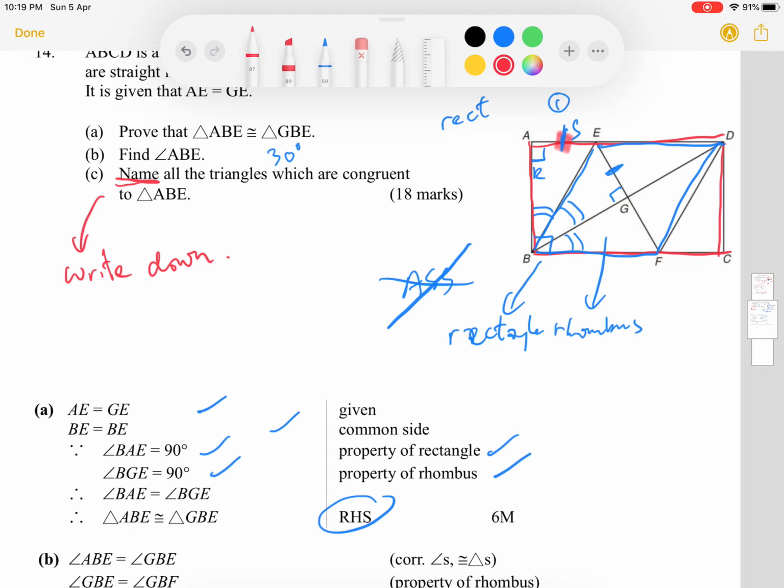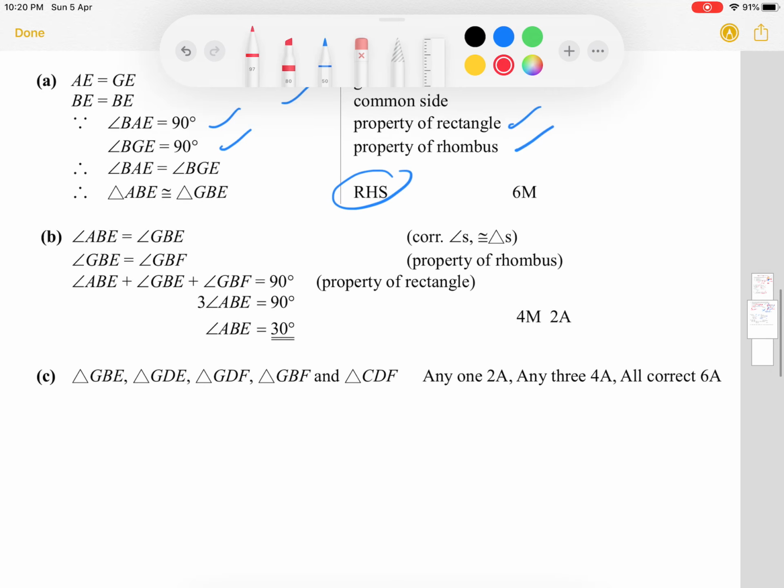But many students, for example, ABE is congruent to GBE, you cannot write this angle as EGB, because this A must pair with G since both are right angles. And this B and this B are equal, and E are the same point. So I write most of them.